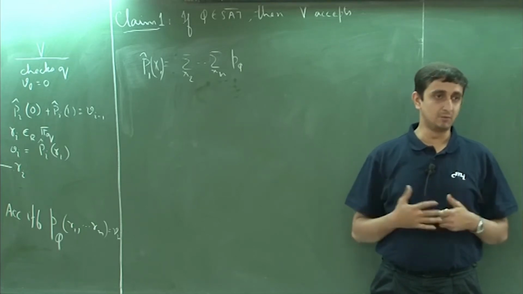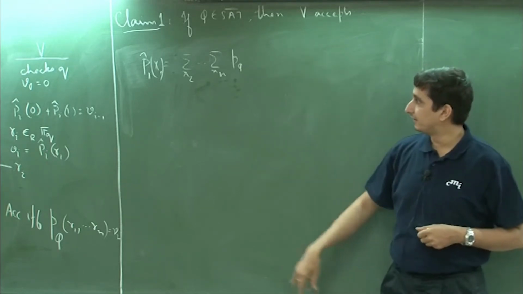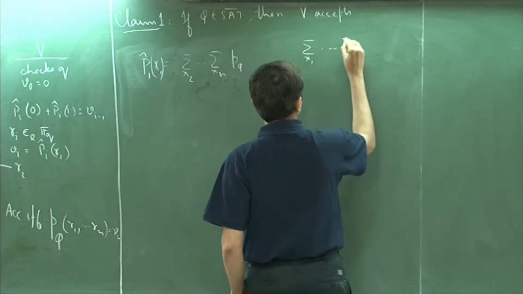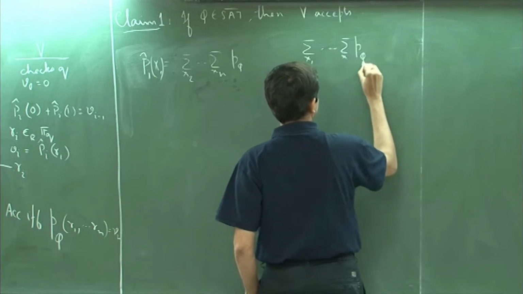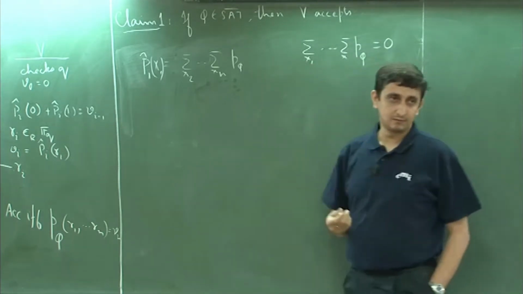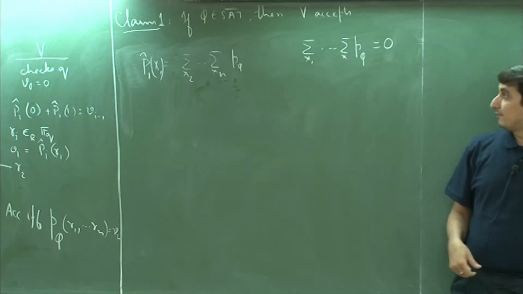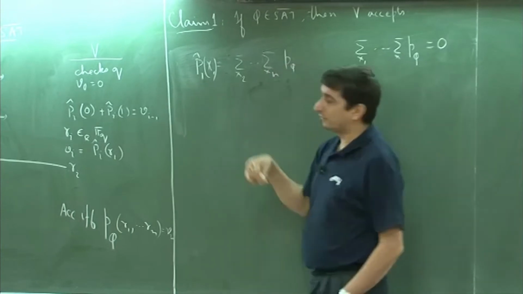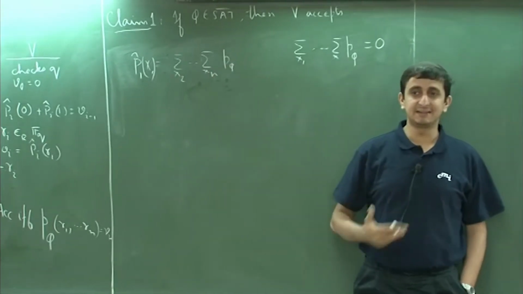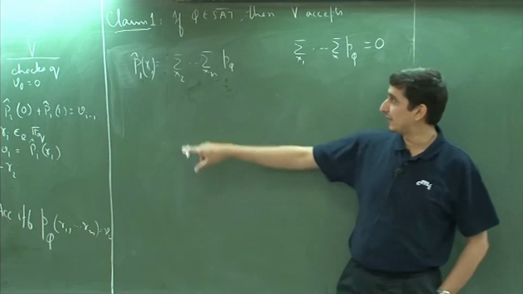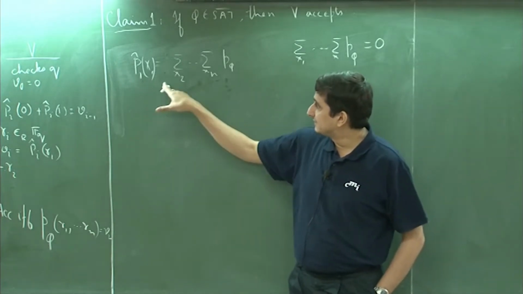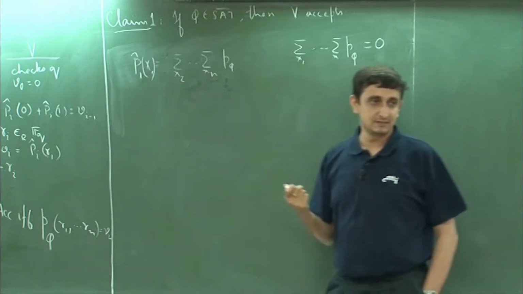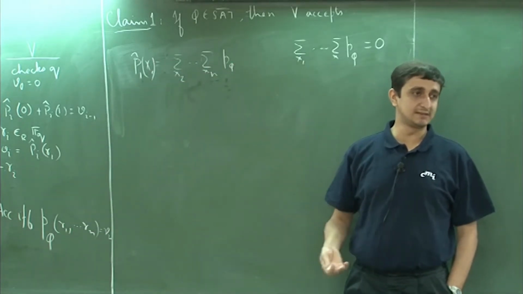That is what he wants. In other words, he wants to show that the summation sigma x1 through xn p phi is equal to 0. But if he just sends this polynomial at each step, the verifier will reject in the first round itself, because this will be greater than 0. So, the verifier will reject and it will not even go to the second round.